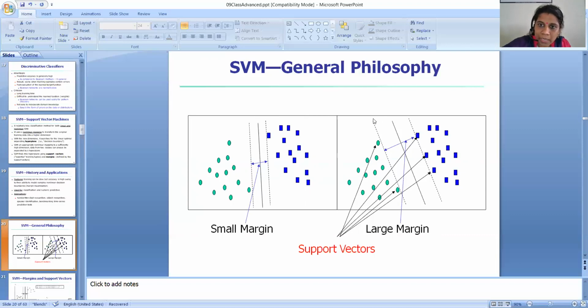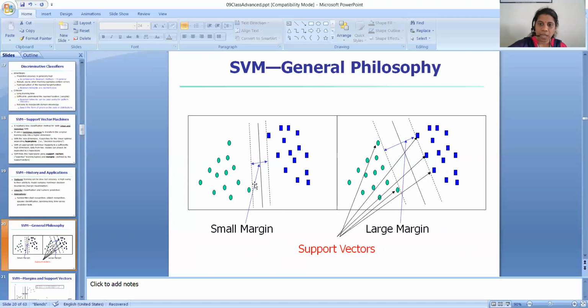Again I can draw a line parallel to the hyperplane, touching the nearest points of this class, and similarly a parallel line touching the nearest tuples of the other class. Now you see the distance between these two lines, the margin, is high. So we get a large margin here, whereas in the earlier example it is a small margin.